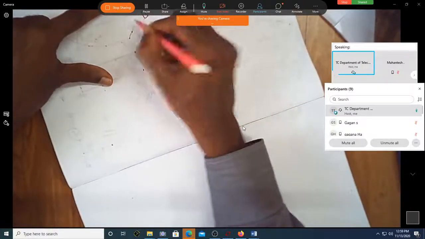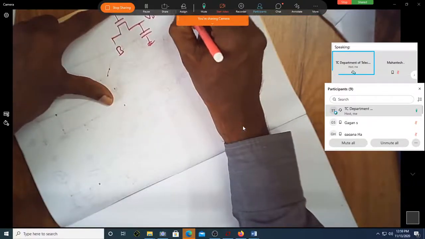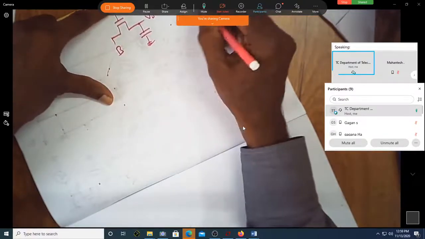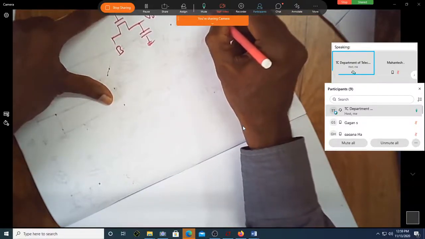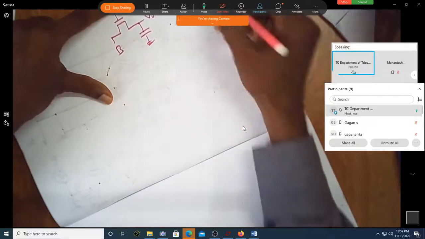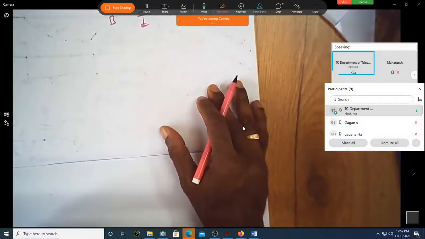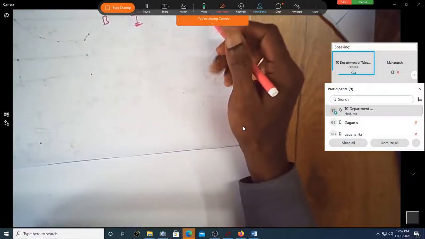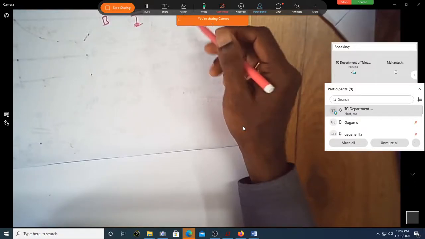Let me call it B. Two inputs, let me say A, B. So this is 1, 1, 0, 1. Can you give me what is the output? What is the output here?